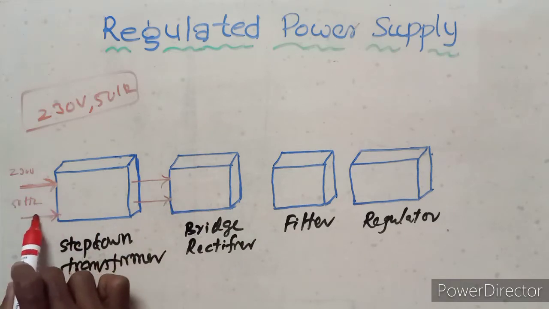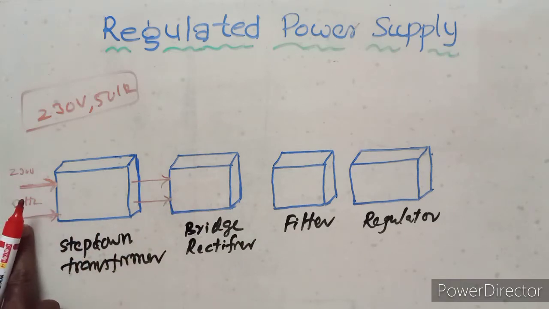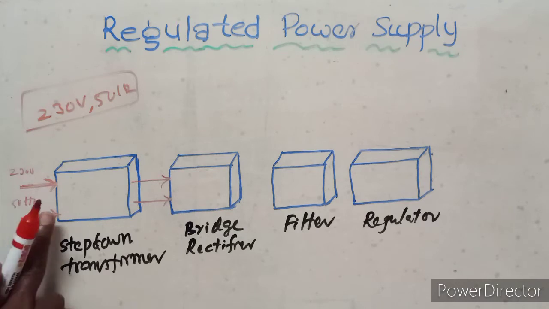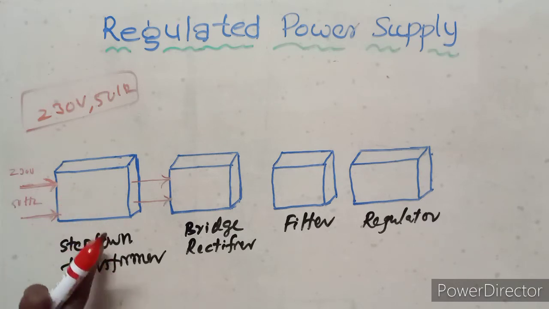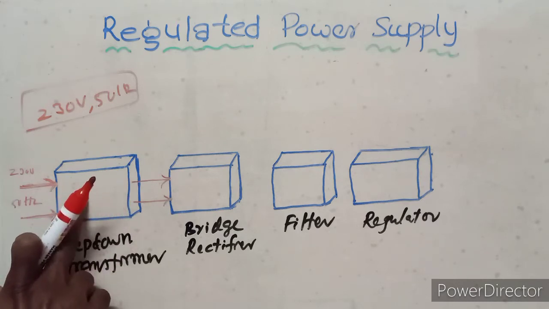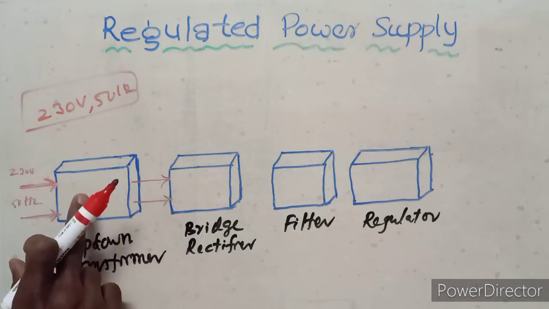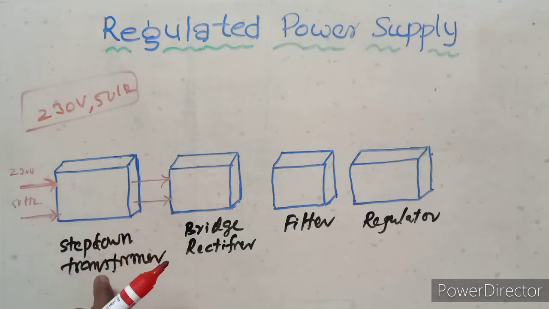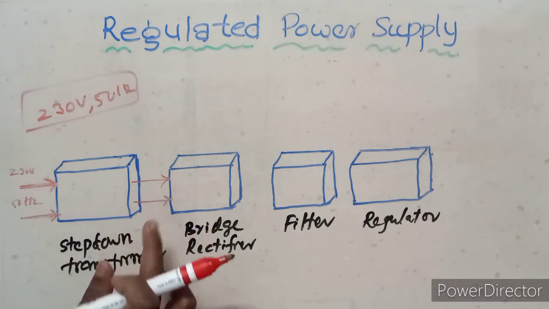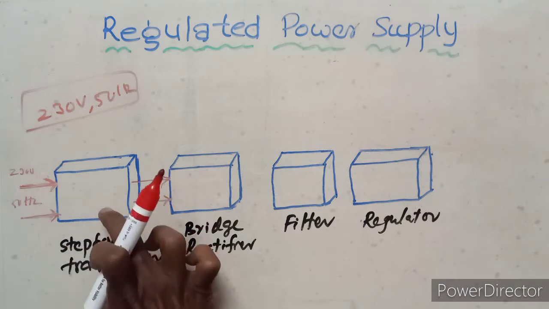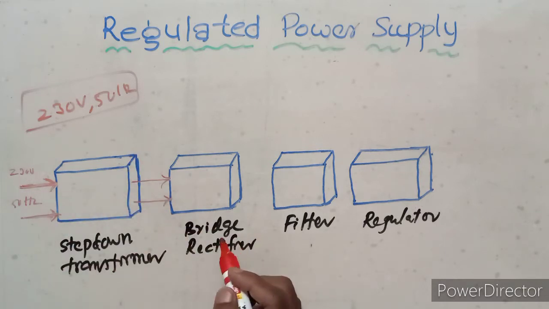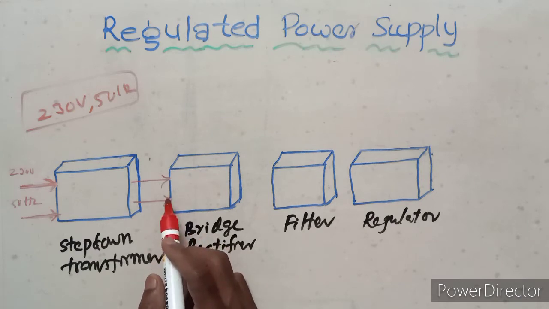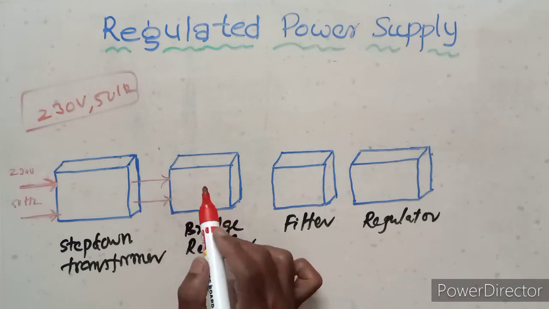This is the AC voltage input to the step down transformer. The output is the required AC voltage, because we are using the step down transformer. So the bridge rectifier performs the rectification process. The AC voltage is converted into pulsating DC.